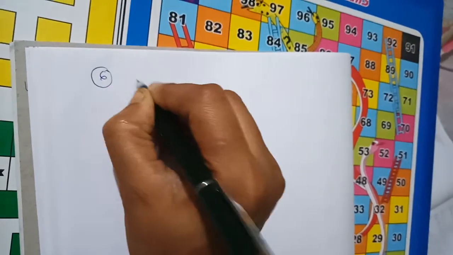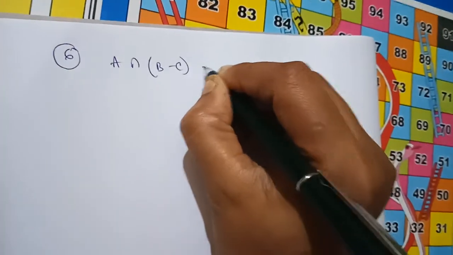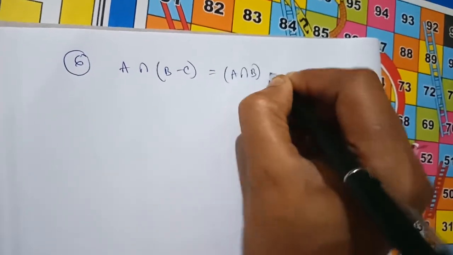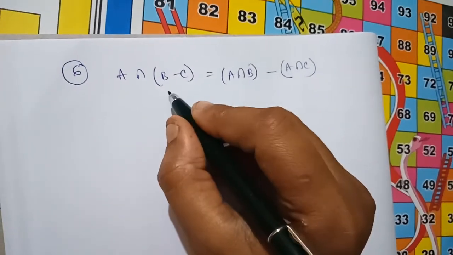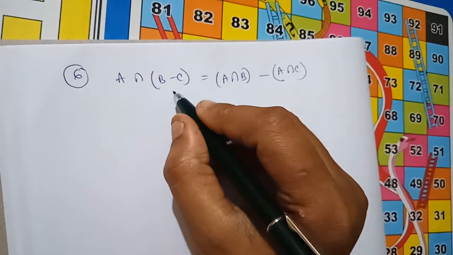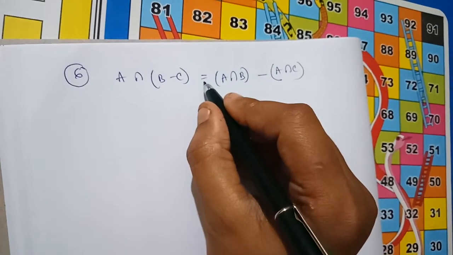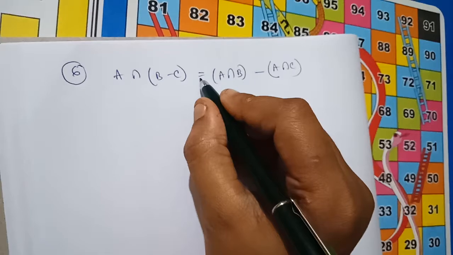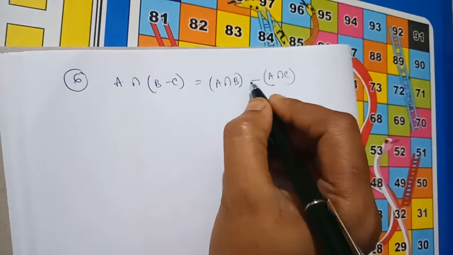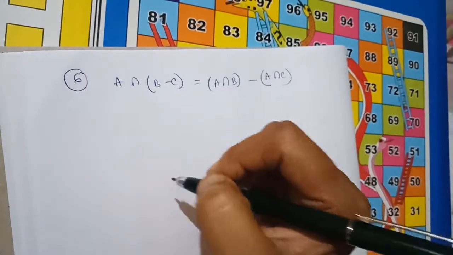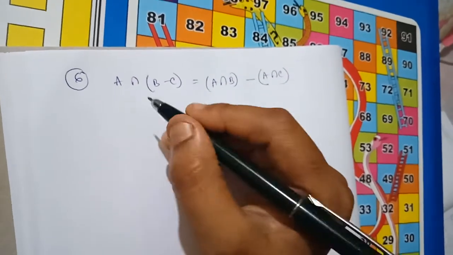Number 6. We need to prove A intersection (B minus C) equals (A intersection B) minus (A intersection C). Now I am telling you one trick and one method: whenever you get an equal sign in the middle, you first prove the left hand side is a subset of the right hand side, and in the second step you prove the right hand side is a subset of the left hand side.